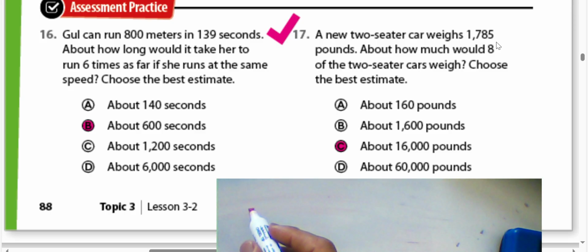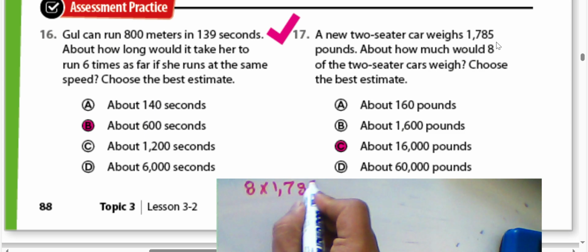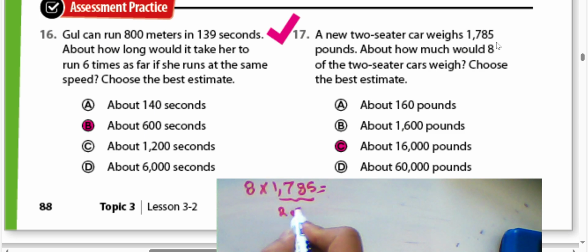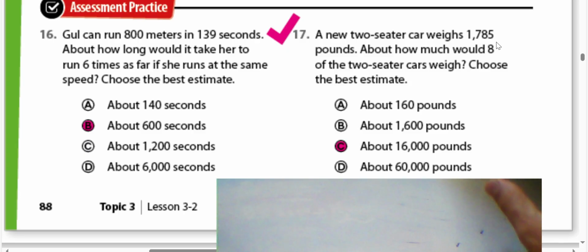Okay, then we find 8 product by 1785. This number is nearest to 2000. Then 8 times 2000, we must put 3 zeros here, and 2 times 8 equals 16. Then the result will be 16,000 pounds. Nearest to the answer. Okay.